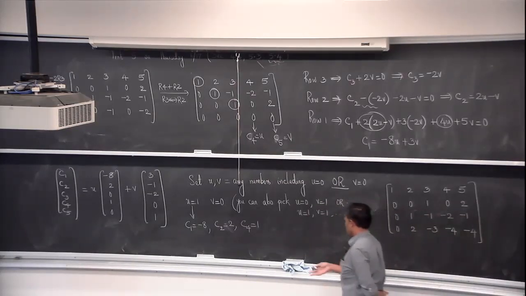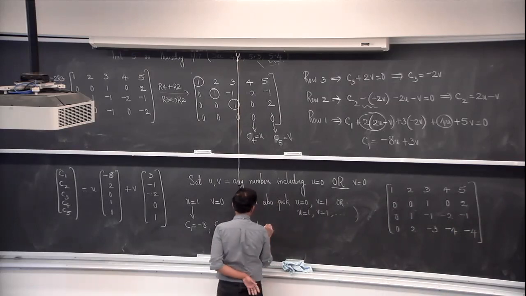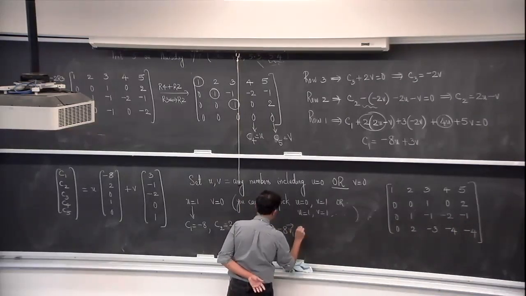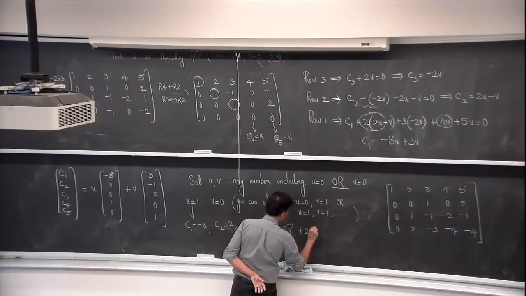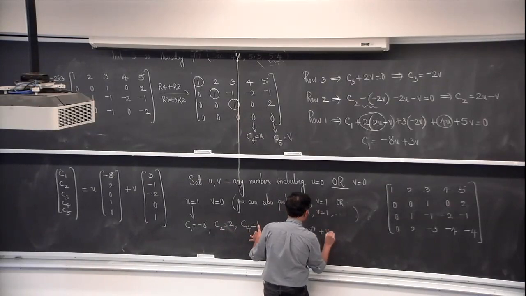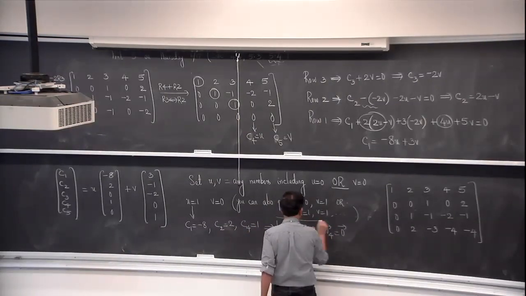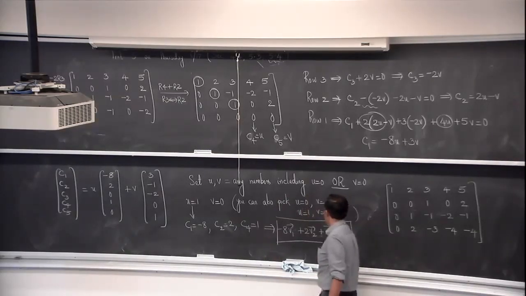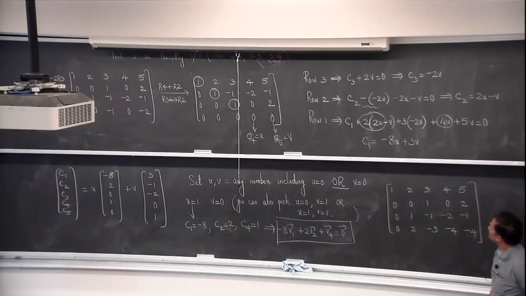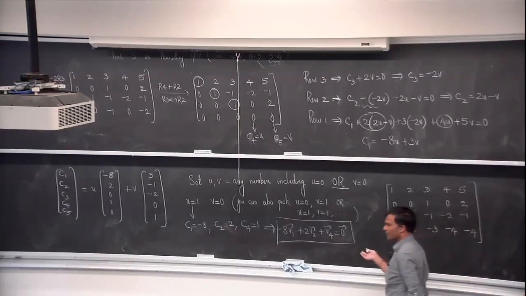So let me just stick with what I decided here, and that will give you -8v1 plus 2v2 plus 0v3 plus 1v4 equal to 0. That is a non-zero linear combination that vanishes. So there are multiple answers possible here.